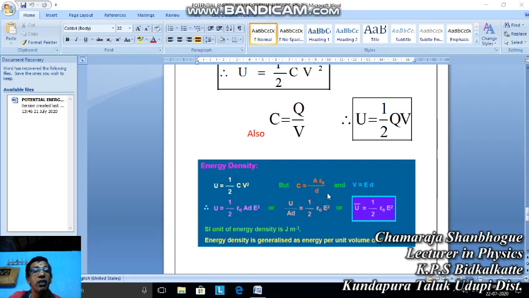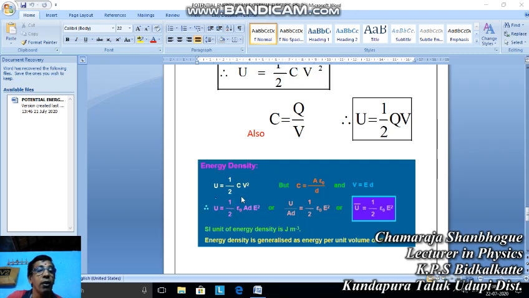This is the expression for a parallel plate capacitor. But we know the relation between electric potential, electric field and the separation between the plates. V is equal to E into d. These two values, C and V, substitute in the expression of electrostatic energy.